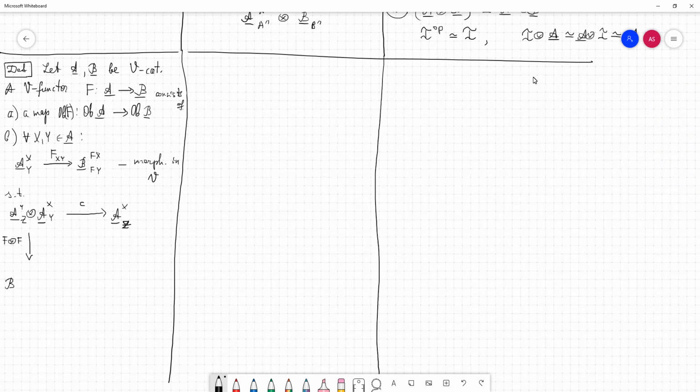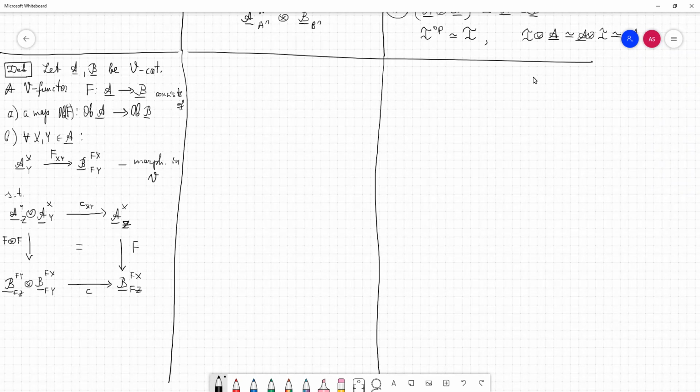So I will get in B, B(FY, FZ) tensor B(FX, FY), and then compose them in category B, of course, and get to B(FX, FZ). All these things should be the same.